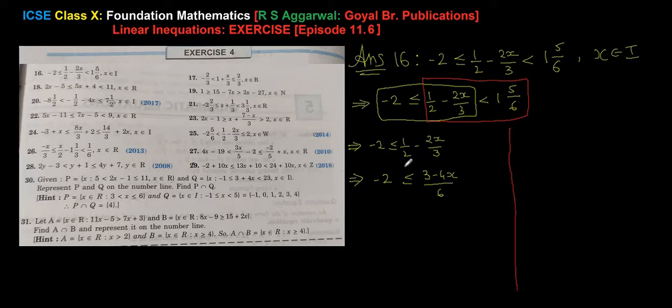So this is the LCM. 6 goes this side, so it becomes minus 12. So minus 12 less than or equal to 3 minus 4x implies minus 12 minus 3 less than or equal to minus 4x.